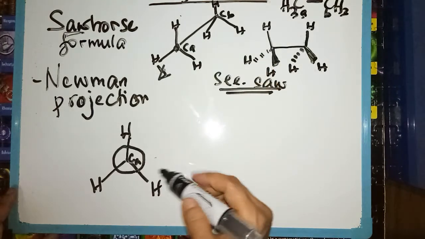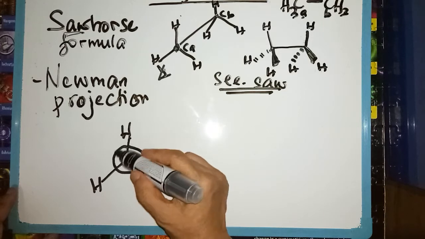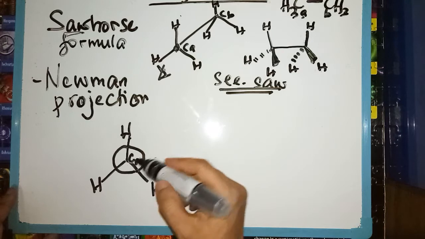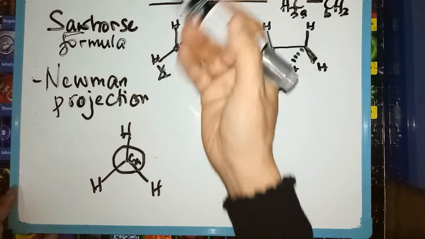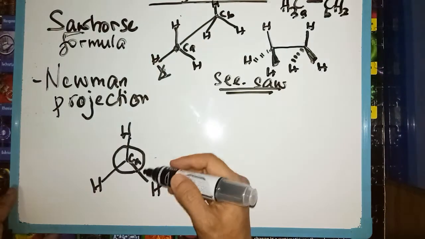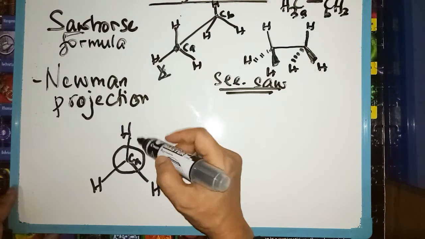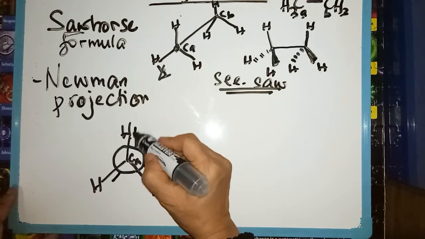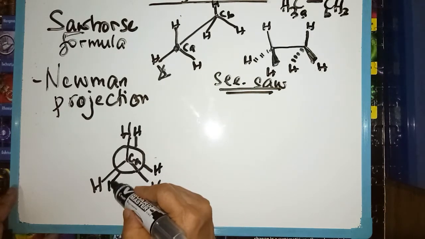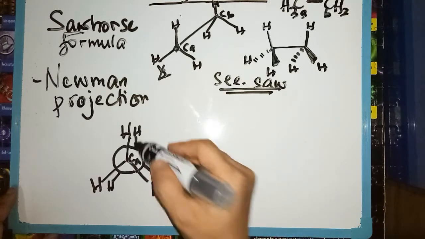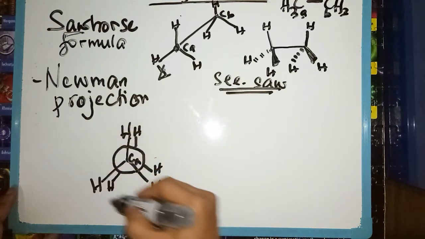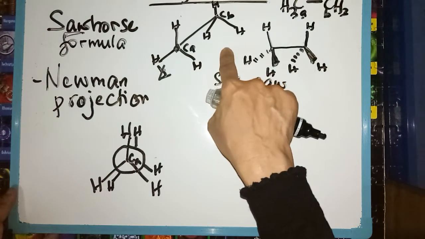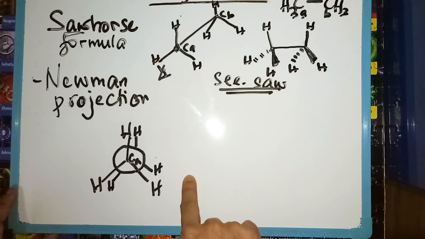So this particular circle is actually telling you that CA is connected to another carbon which is behind it, CB. And this CB is also connected to 3 hydrogens at the back. Okay, do you understand that? So this particular kind of writing is called Newman projection. So this is called sawhorse, this is called Newman projection.